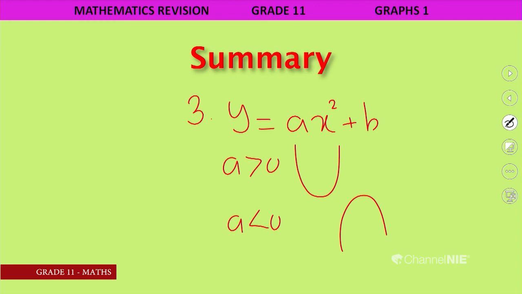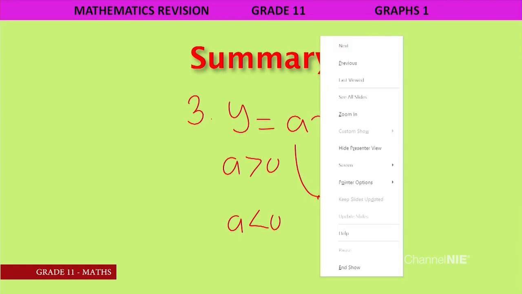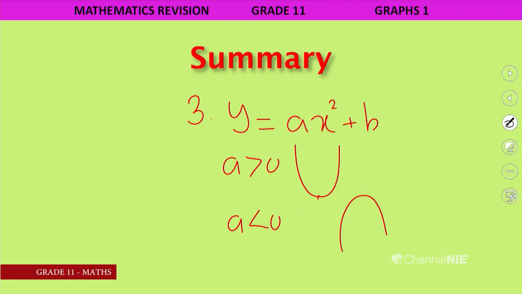How to define the minimum value? Minimum value means the y coordinate of the lowest point. Maximum value means the y coordinate of the highest point, right?